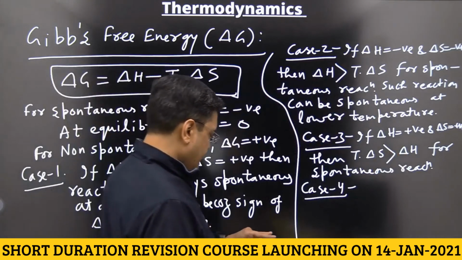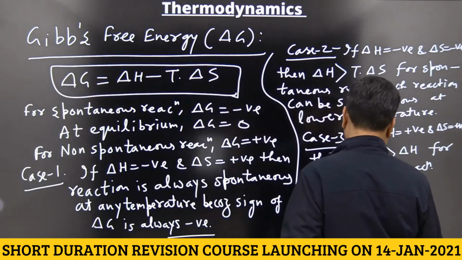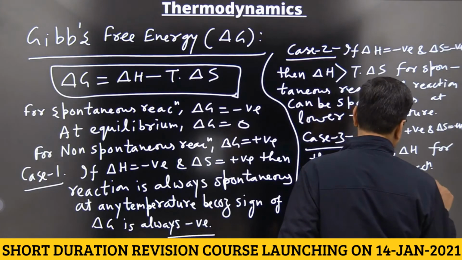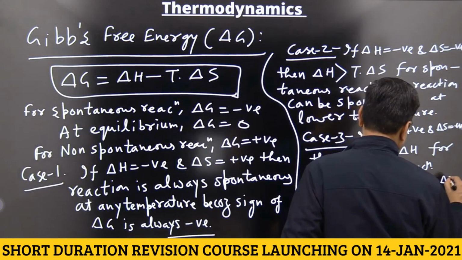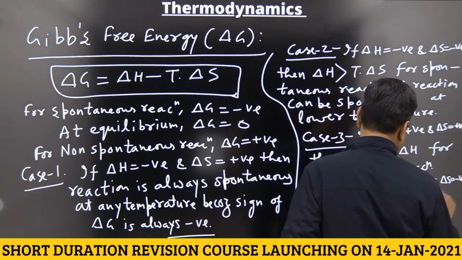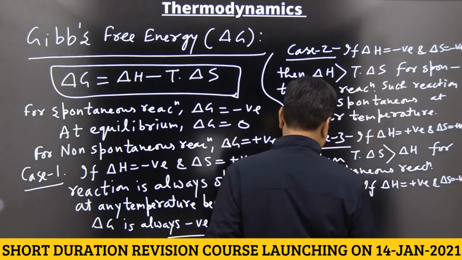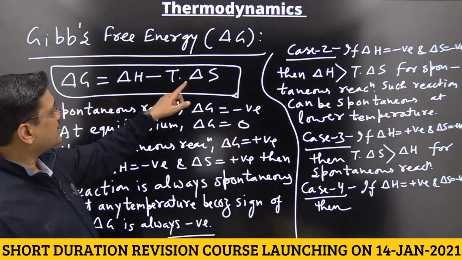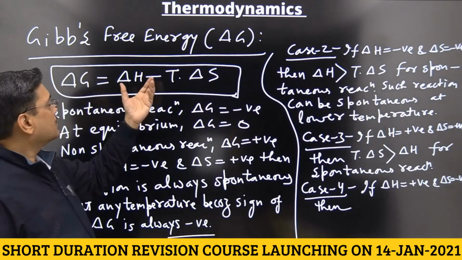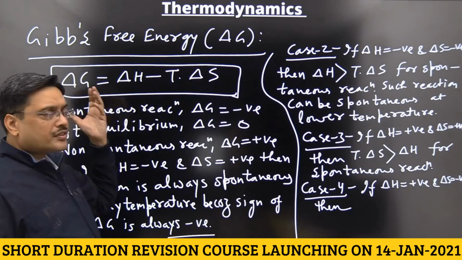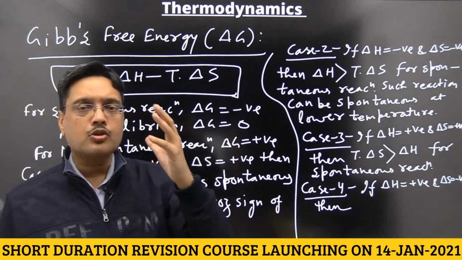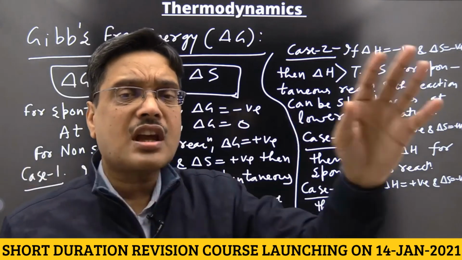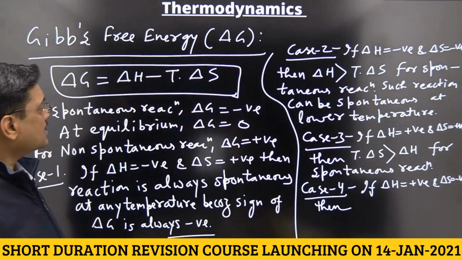Case 4: if delta H is positive and delta S is negative, then delta H is positive and minus T delta S is positive. So the sign of delta G is always positive. Such a reaction cannot be spontaneous.